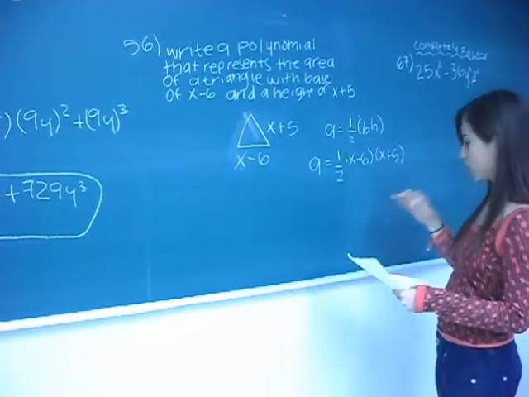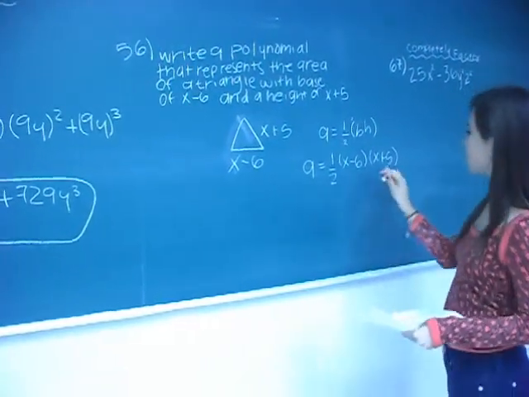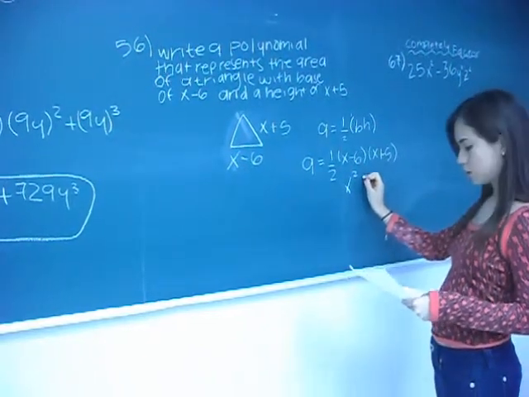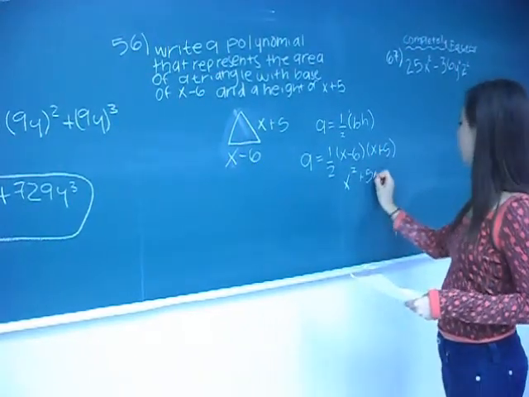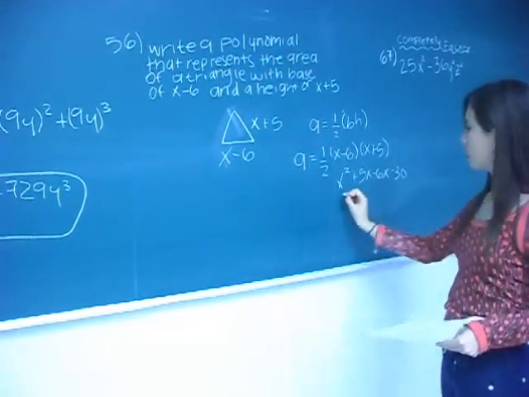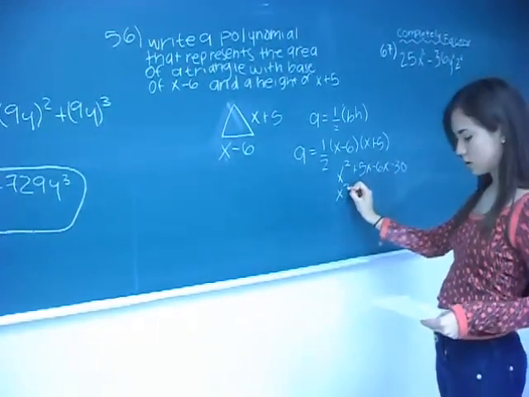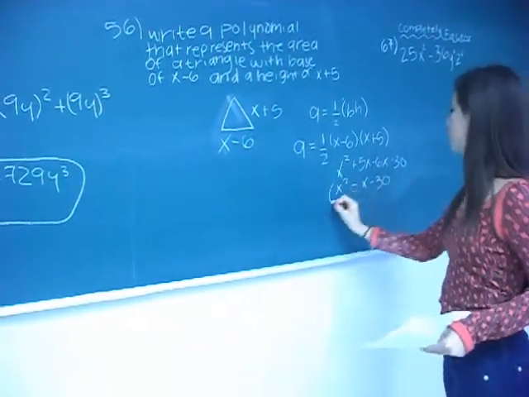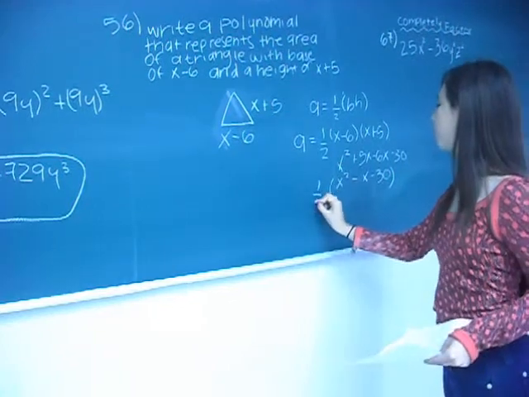And then you do FOIL with this one, and it gives you x squared plus 5x minus 6x minus 30. And you get x squared minus x minus 30 times 1/2.